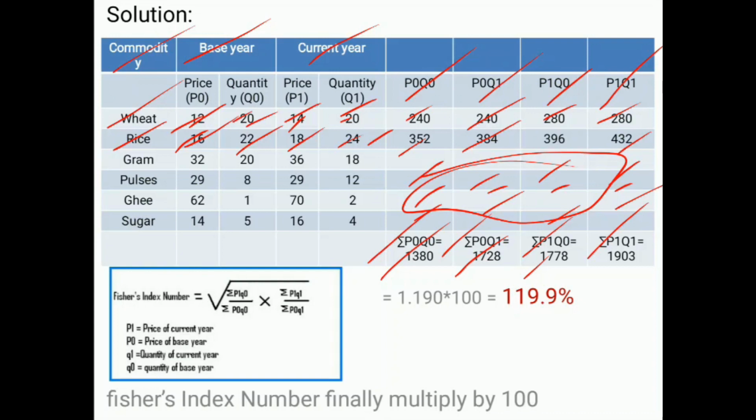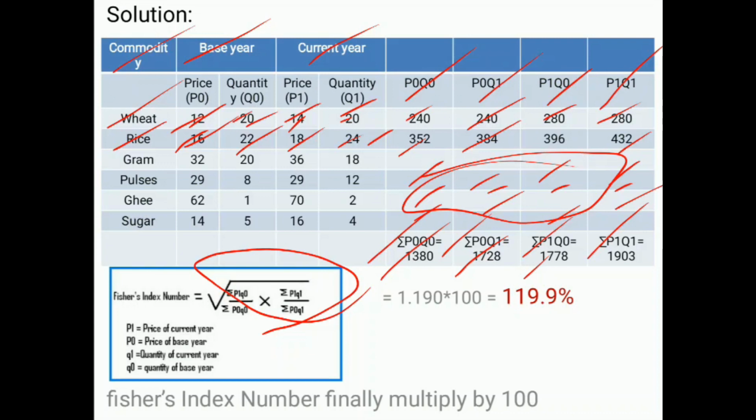After getting these 4 values, Fisher's ideal index number is given by the formula: square root of summation P1 Q naught divided by summation P naught Q naught, into summation P1 Q1 divided by summation P naught Q1. So this is the formula. Apply these values in the formula.